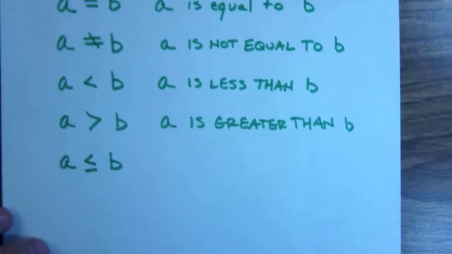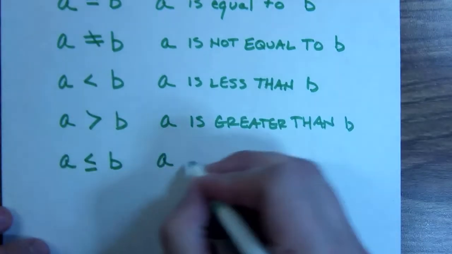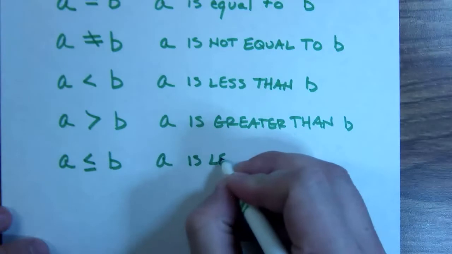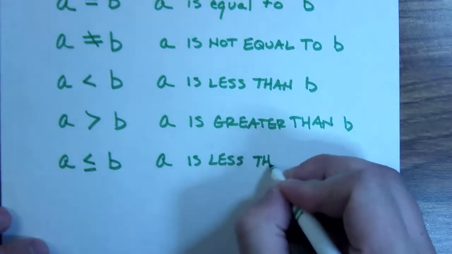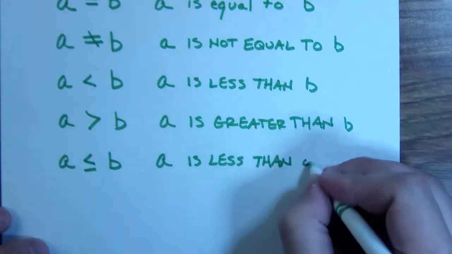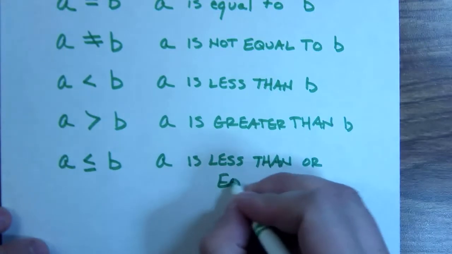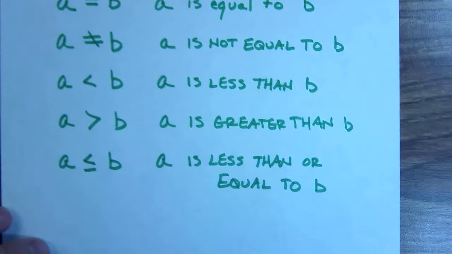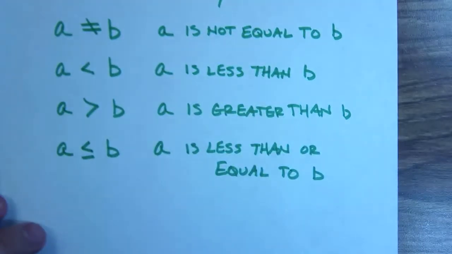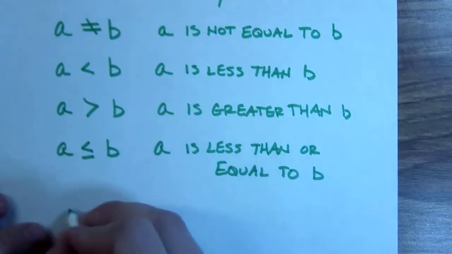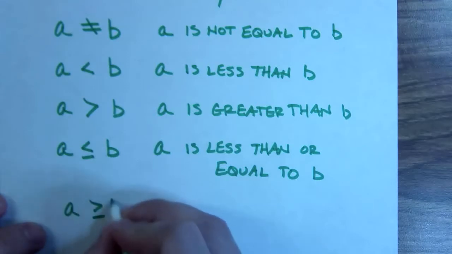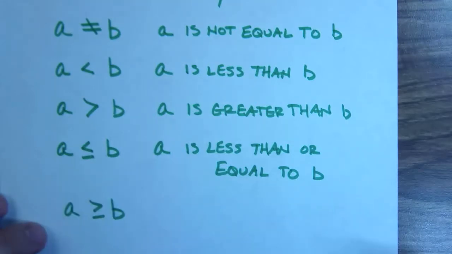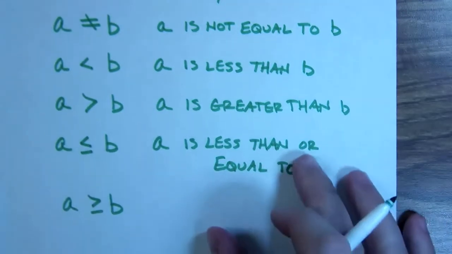Greater, less than, equal to? Good. A is less than or equal to. And then finally, what do you suppose that is?